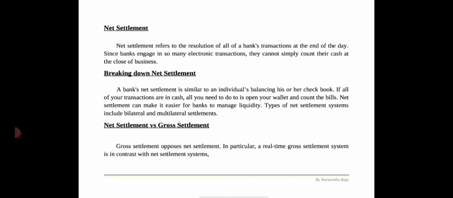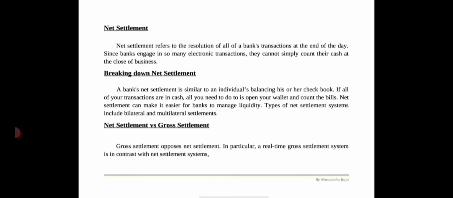A multilateral settlement consists of each bank having a net balance with the system as a whole rather than with the individual banks. This comes under breaking down the net settlement.